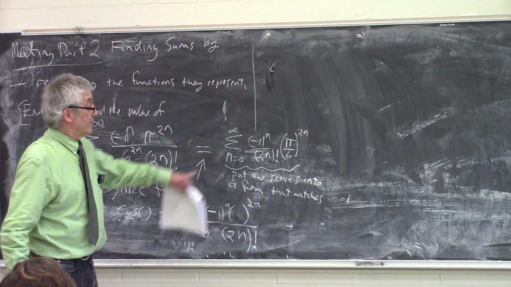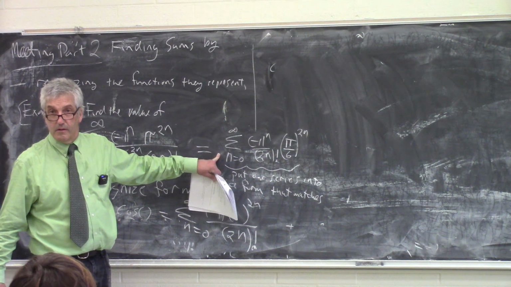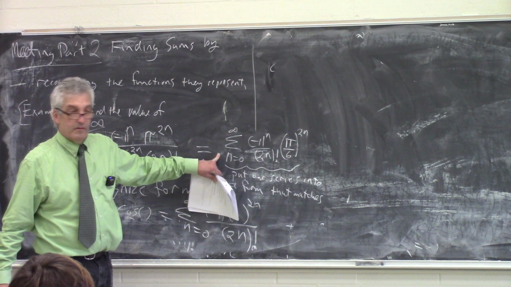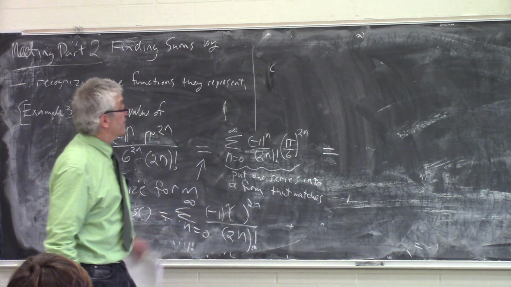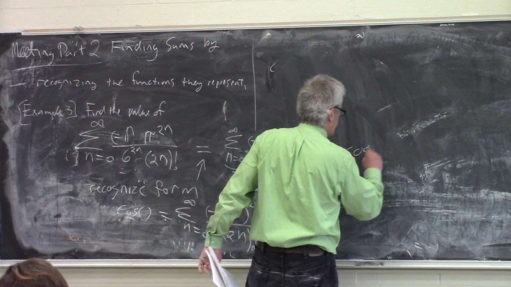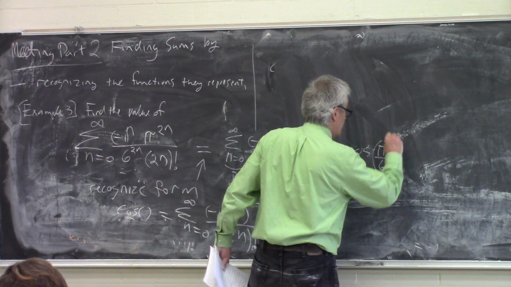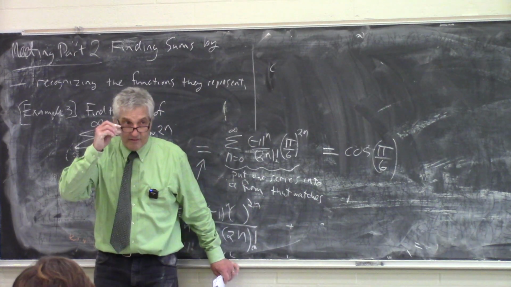So then what is this? Yeah. Exactly. Because cosine of parentheses is this thing. So this is cosine of pi over 6. Somebody else who hasn't answered today, what is that? What's cosine of pi over 6?